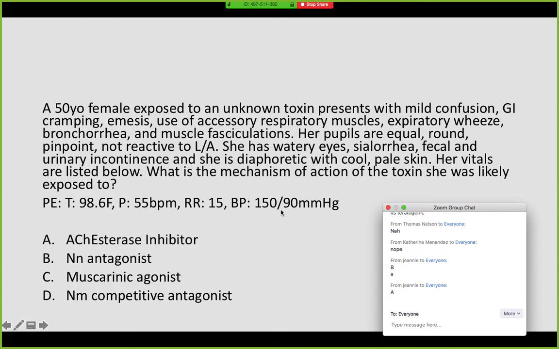Also, the hypertension. Right, so acetylcholine esterase inhibitor. Just look with these toxic overdose related questions, just look for your hints. So in this one, hypertension and muscle fasciculations.